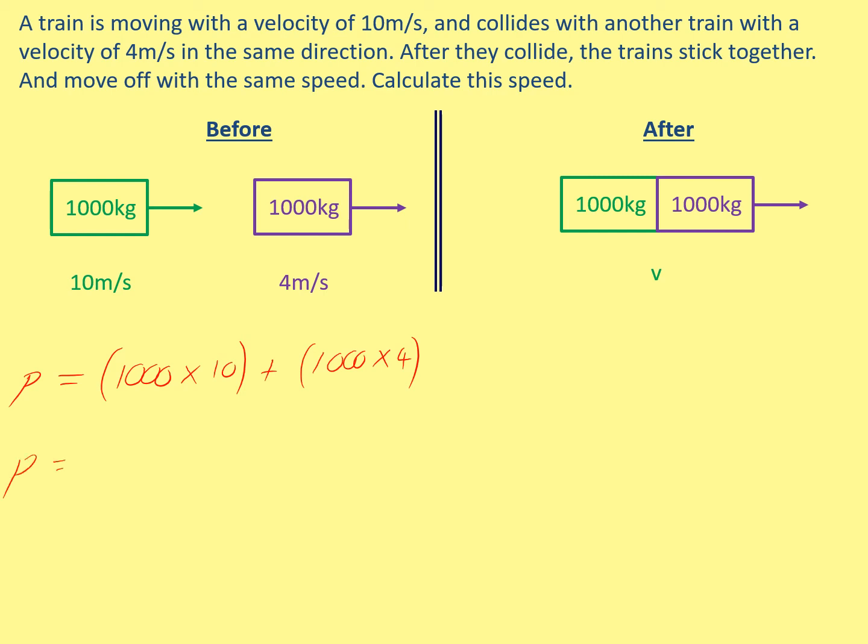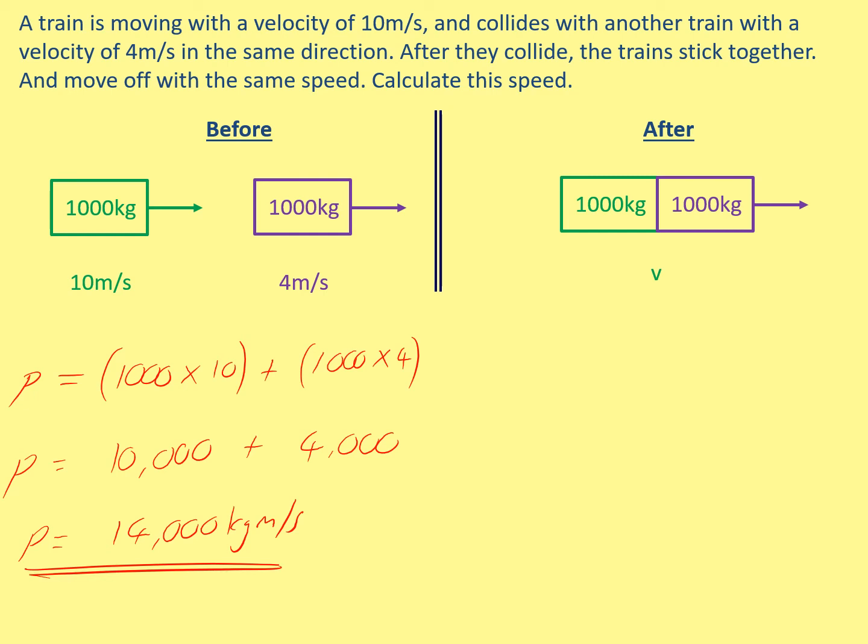So we've got 10 times 1,000 is 10,000. And 4 times 1,000 is 4,000. So therefore the total momentum before the collision of both of them added together is 14,000 kilogram meters per second. That's the total momentum before the collision.